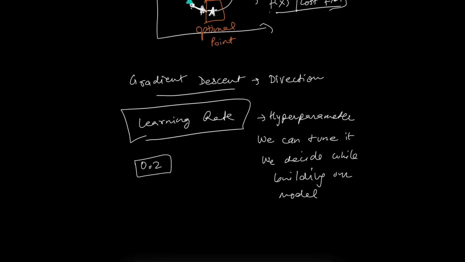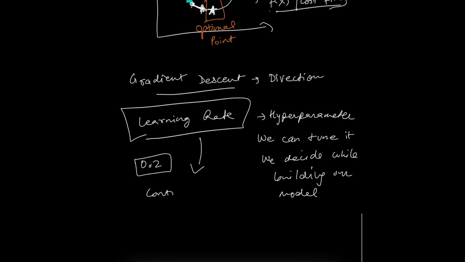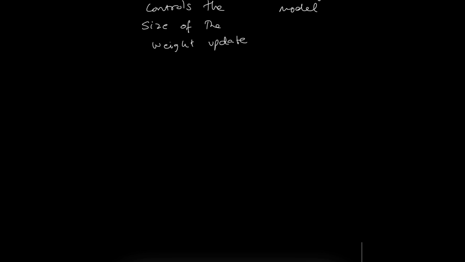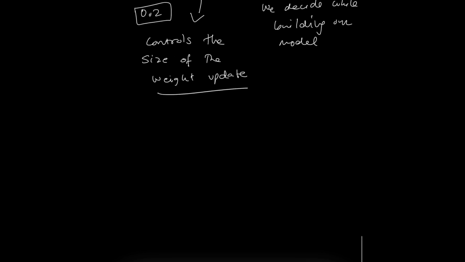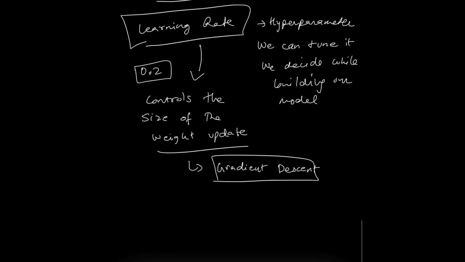And by how much, I mean it controls the size of the weight update, where we get the update, the actual update from gradient descent. So let's say we get this from gradient descent, but the size is what we get from the learning rate.